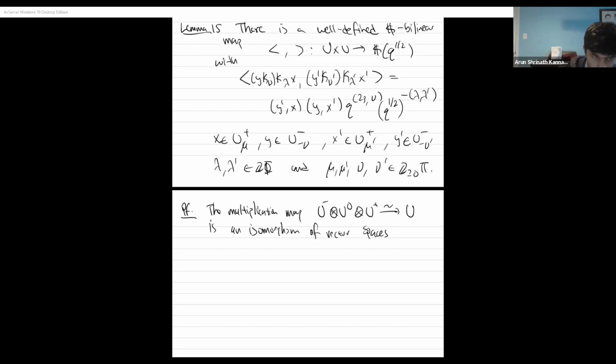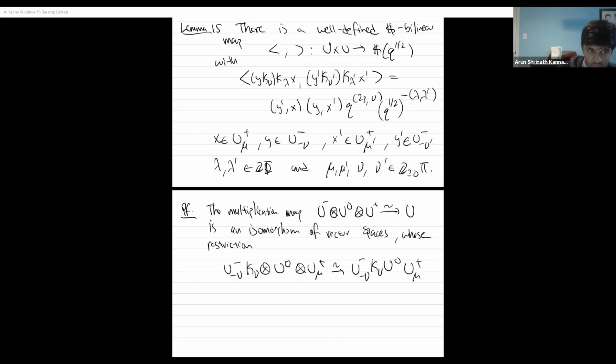And you can restrict it to the following spaces, whose restriction U minus nu minus times K nu tensor U naught tensor U mu plus to U minus nu K nu U naught U mu plus.